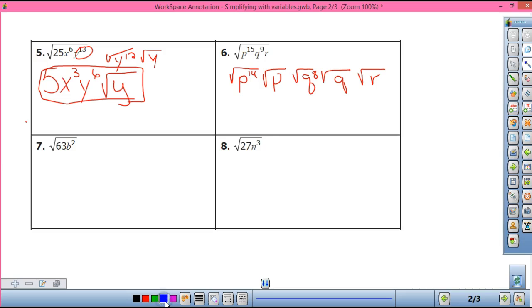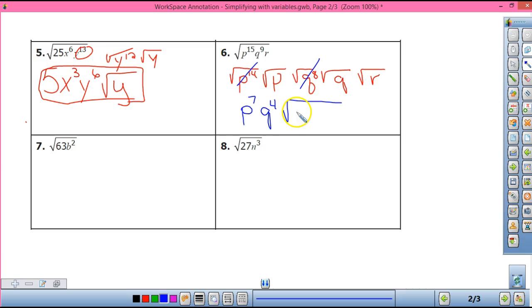Okay, so now let's simplify what we can. Square root of p to the 14th. P to the 7th. Okay, so that guy goes away. Square root of q to the 8th. Q to the 4th. That guy goes away. Can I simplify anything else? No. So then I make a square root, and what goes underneath my square root?